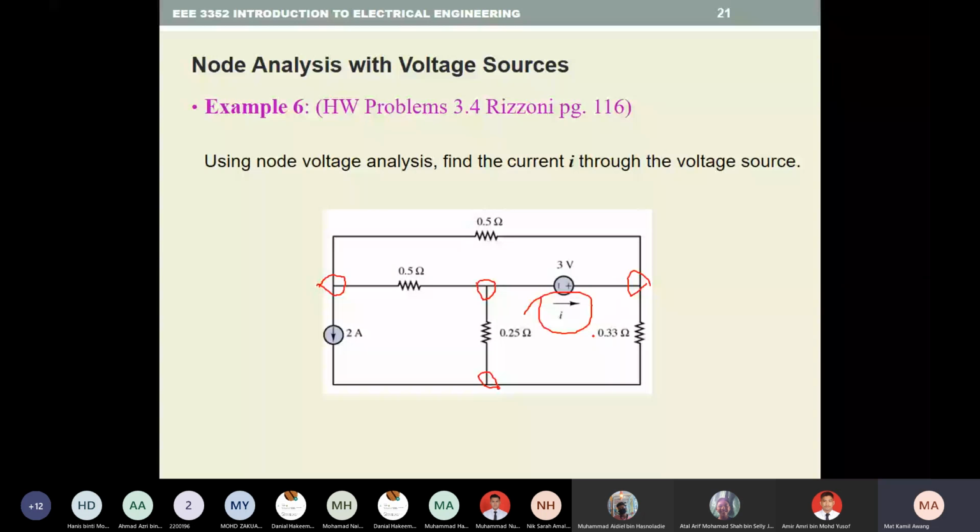Sometimes students will forget the question. And in order to get full marks, you need to show your workings. You cannot just give an answer, oh, I is equal to this, without showing how you get the voltage of V1, V2, V3, without going into that process.